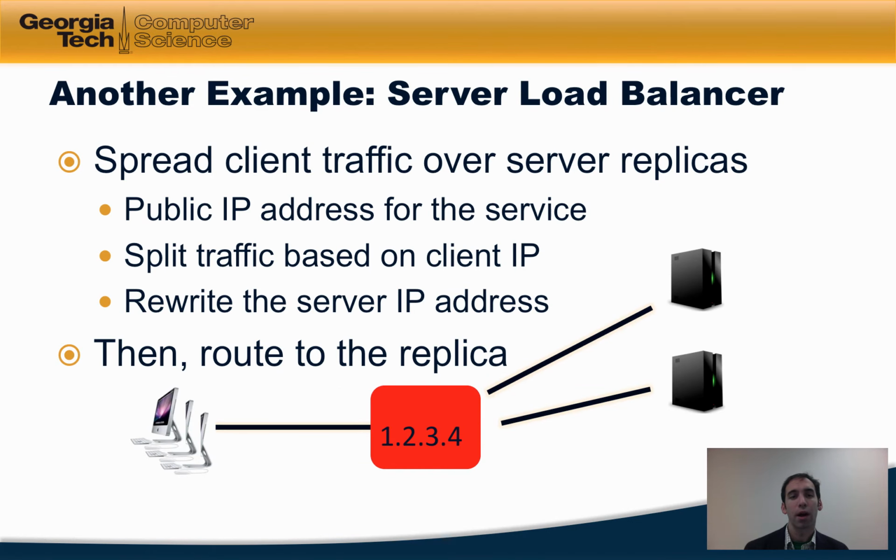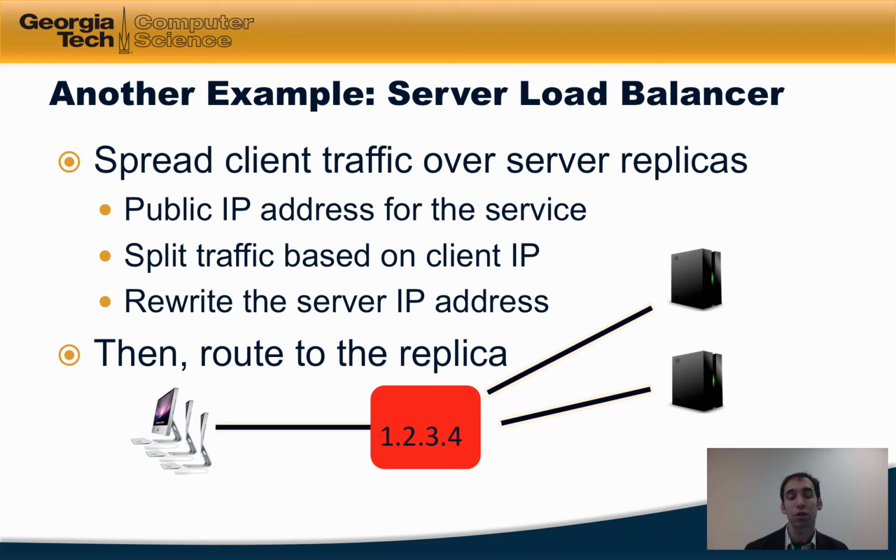Let's now take a look at an example application that requires sequential composition. Suppose that we would like to implement a server load balancer whereby the load balancer spreads client traffic across multiple server replicas. There may be a public IP address for the service, for example in this case 1234, to which clients send their traffic. That load balancer then splits the traffic based on the client's source IP address and then rewrites the destination server IP address based on the client's IP.